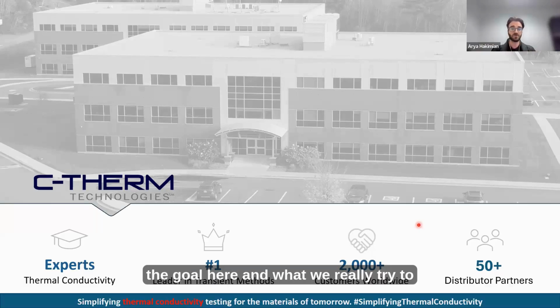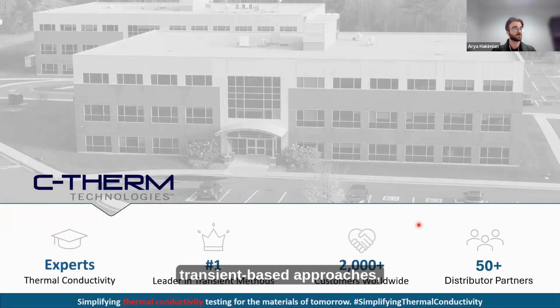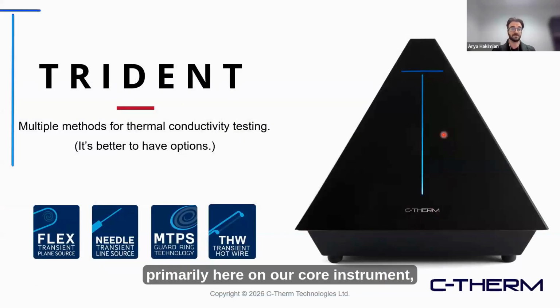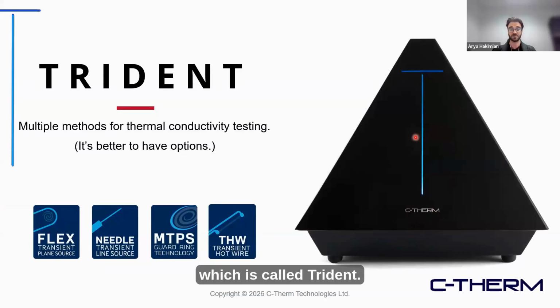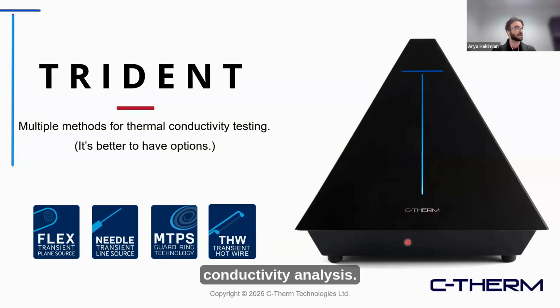But overall, the goal is simplifying thermal conductivity measurement testing for the materials of tomorrow. We do this through the advancement of transient-based approaches, primarily on our core instrument, which is called Trident. This brings together four of the most prominent methods in transient thermal conductivity analysis.